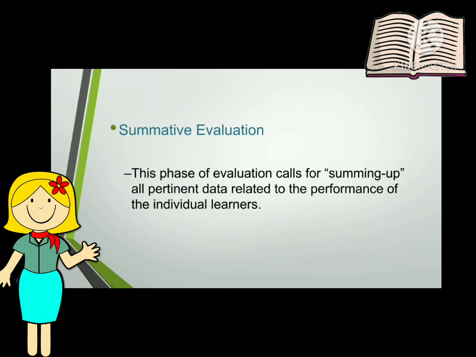The focus of summative evaluation is the effectiveness of instruction, which is reflected by quantitative expressions in terms of grades. This is actually the end point of the evaluation phase, where a total picture of the teaching learning process can be projected.